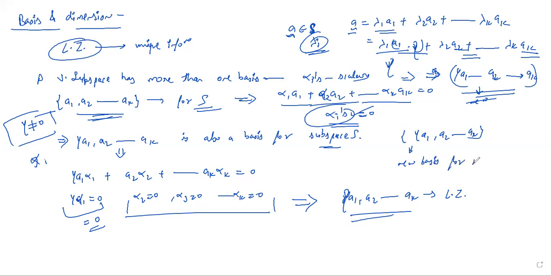We can also see it like this. As we know, a plane becomes a vector space if we fix the origin at any point in the plane.